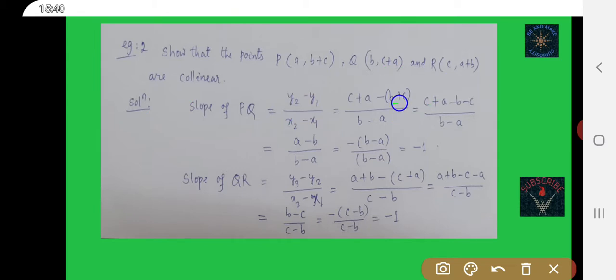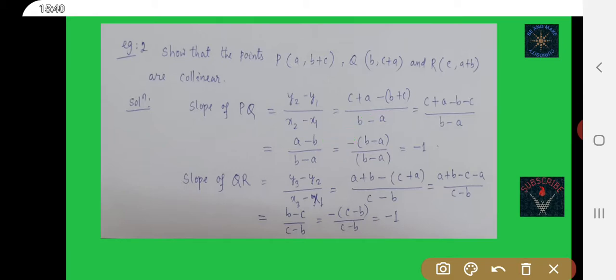As there are two terms, you keep in bracket, then you open the bracket, then you get c plus a minus b minus c, and plus c minus c cancel, then you get a minus b by b minus a.